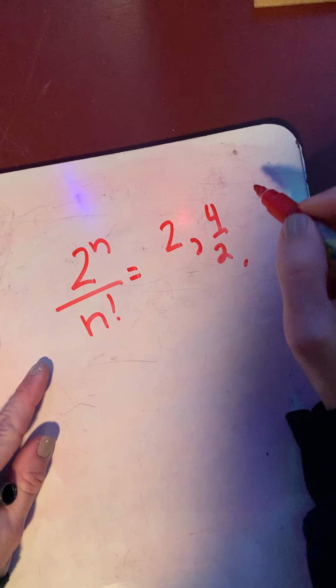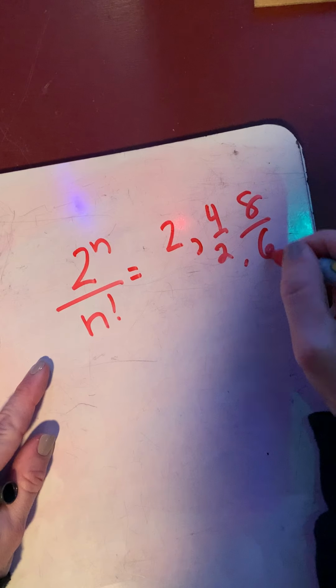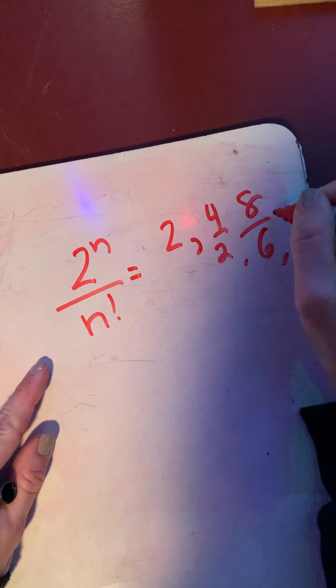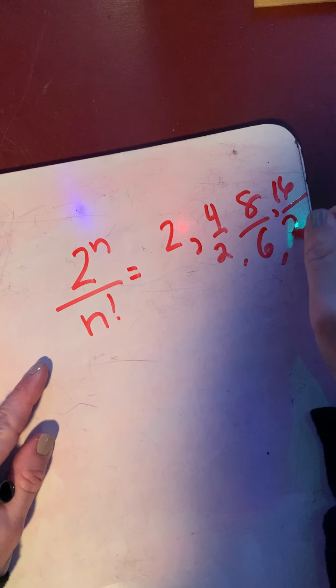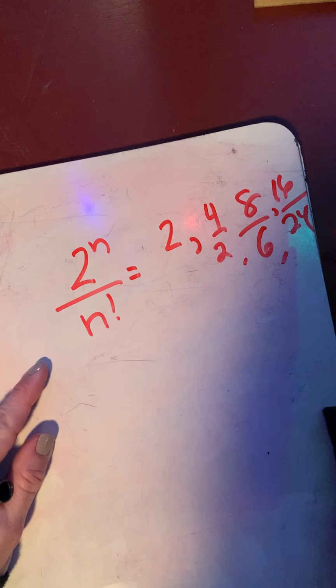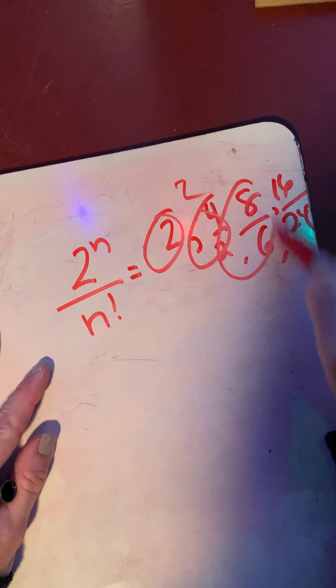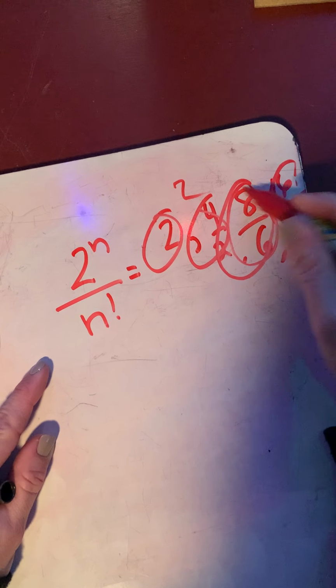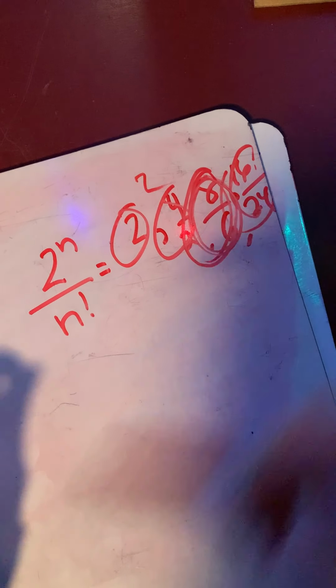Plug in 3 and you're going to get 8 over 6. Plug in 4, you're going to get 16 over 24. This is 2, this is still 2, this is between 1 and 2, now this is less than 1. Can't even tell what's going on.